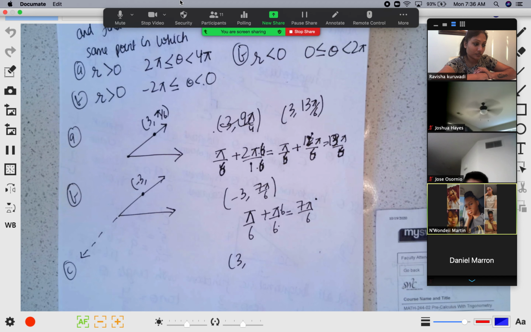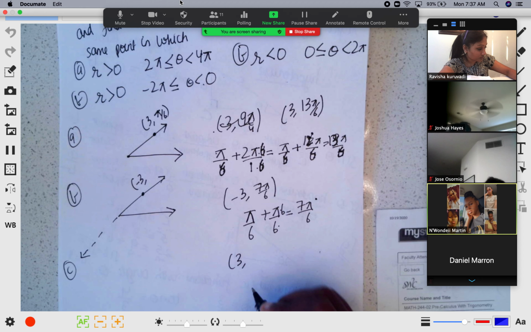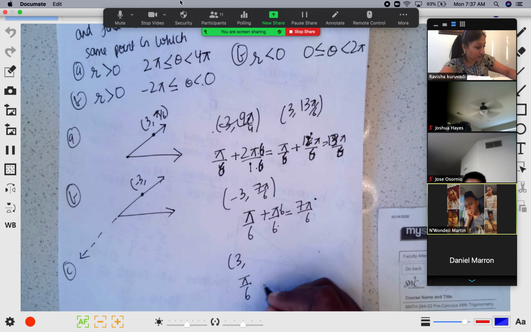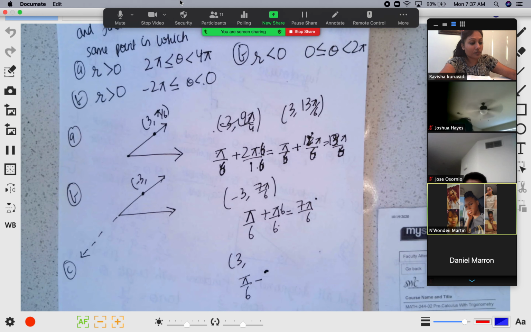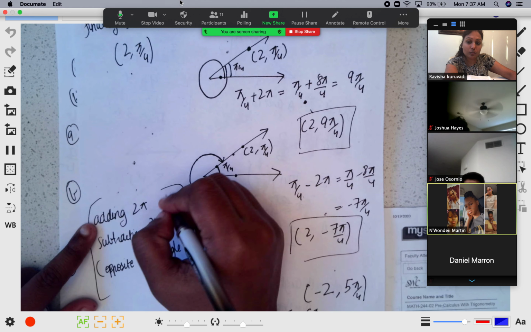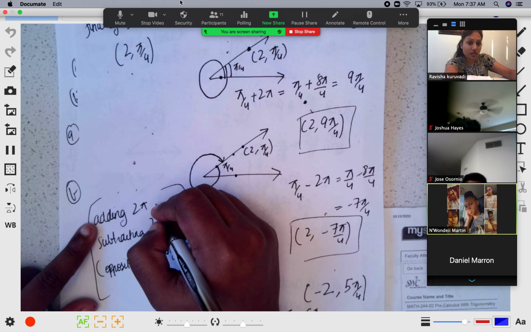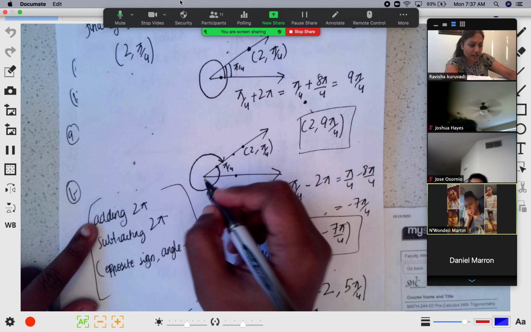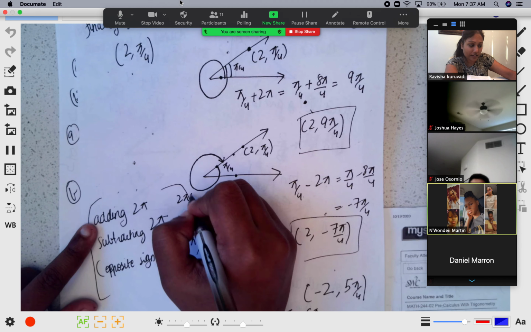Would you do pi over 6 minus something? Minus 2 pi. If you add 2 pi, you will go to between 2 pi and 4 pi.